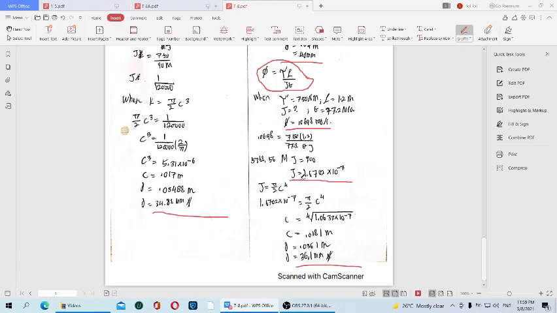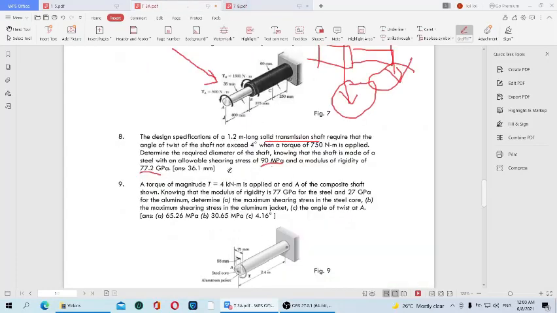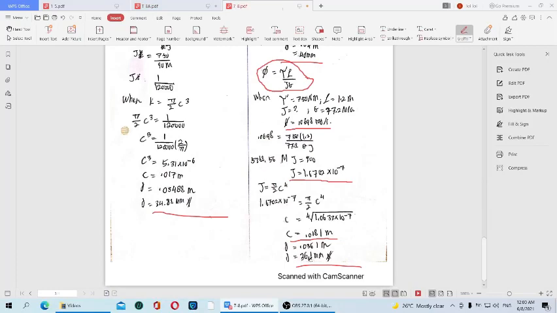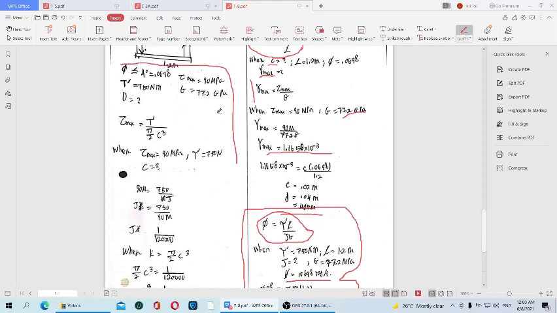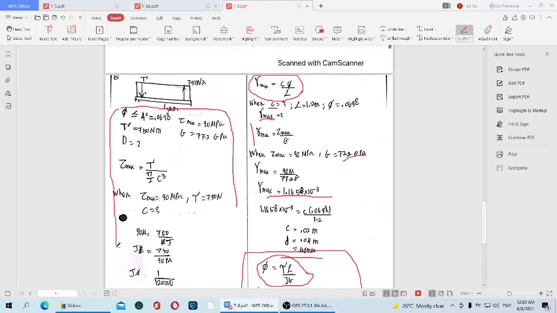Once you know J, you will get the value of C. Since the question asks for the diameter of the shaft, you multiply it by 2, and you will get 36.1 millimeter. So this is the answer using the third equation, phi equal to tau prime L over J G.